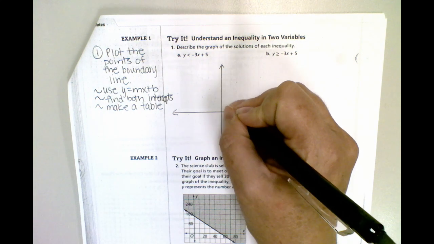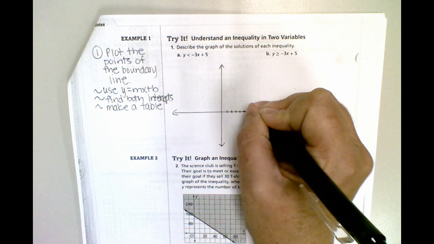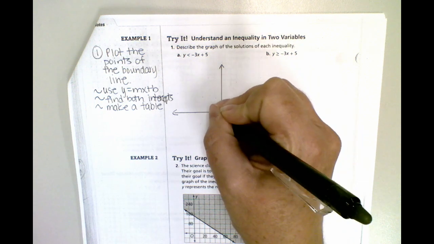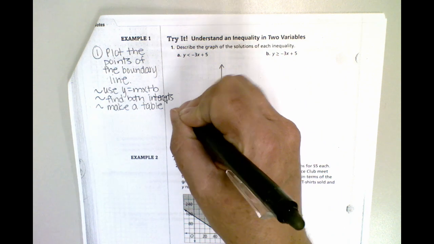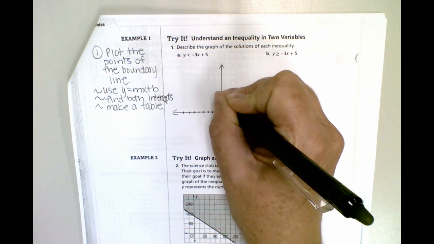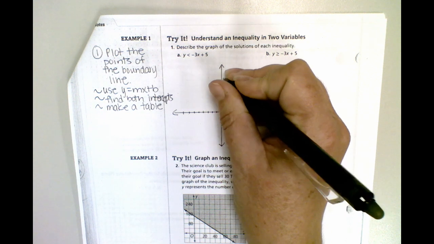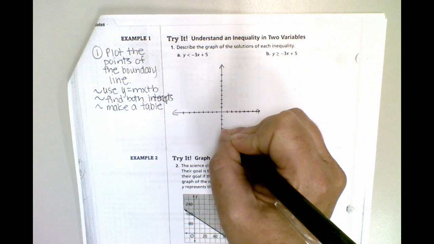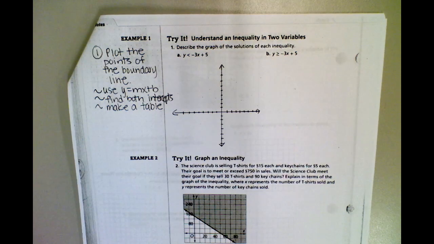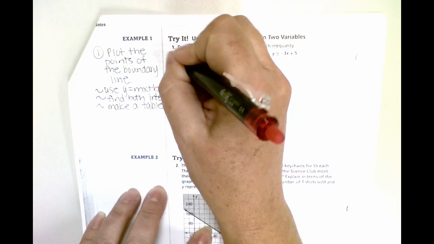I am going to count by ones and try to make them as evenly and nicely spaced as possible. All right, so that should do. I'm also going to color code these, so I'm going to move over to using red here for this example.